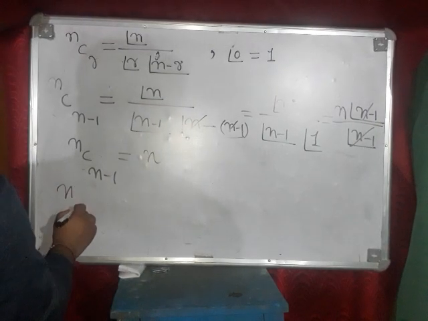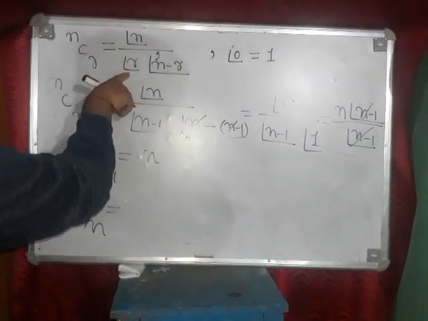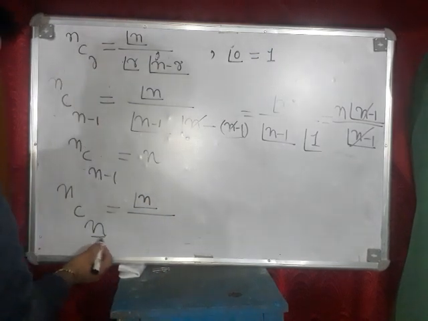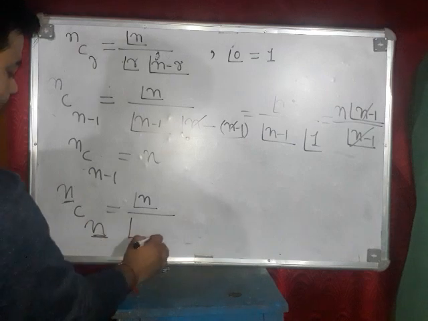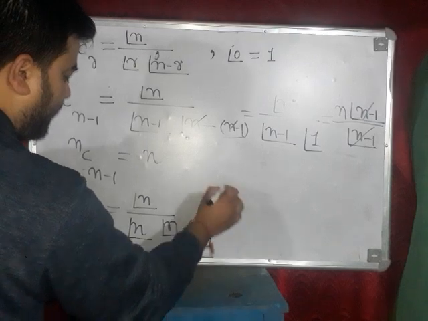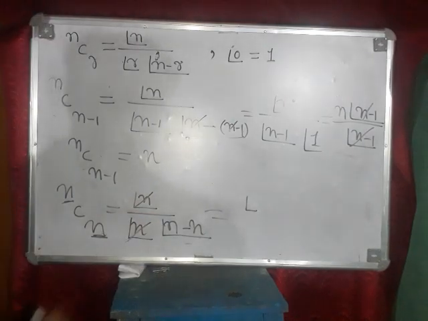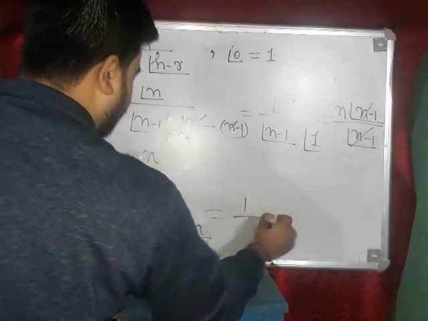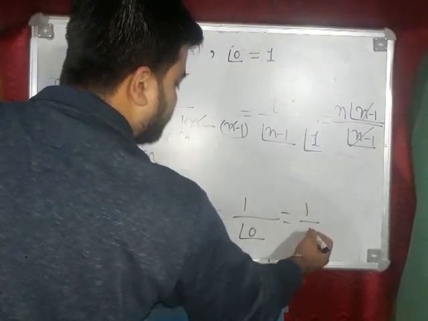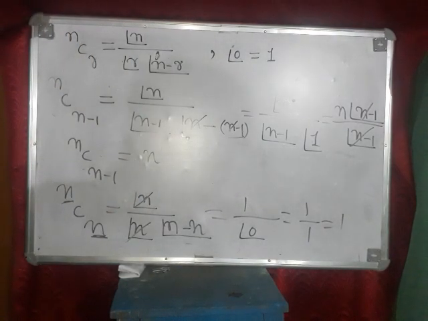Similarly, for nCn, applying the combination formula, factorial n upon factorial n into factorial n minus n, that is factorial 0, and you know the value of factorial 0 is 1, so the value comes nCn is 1.